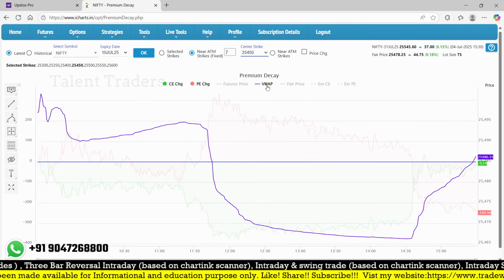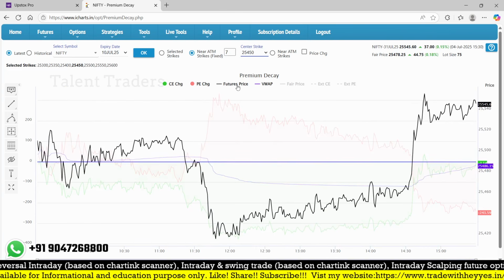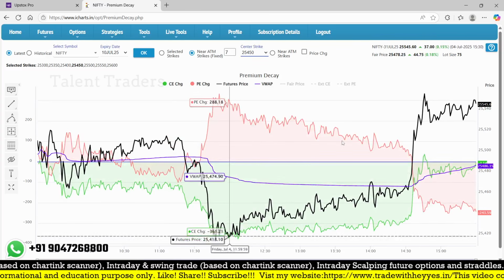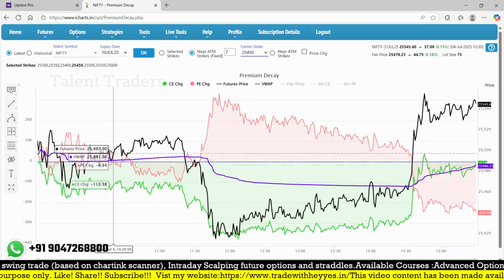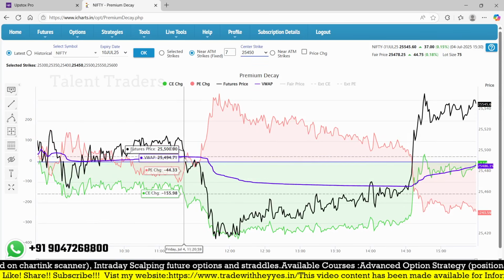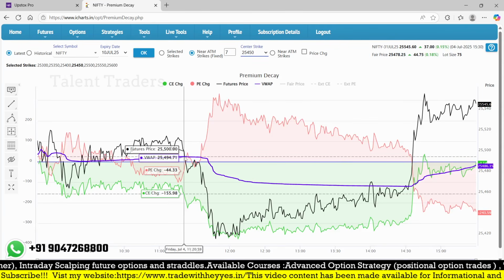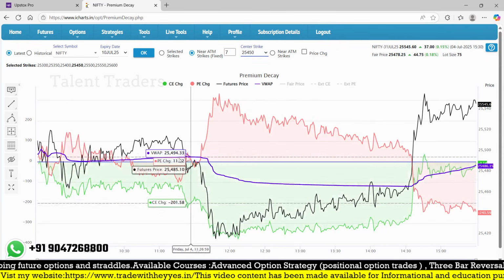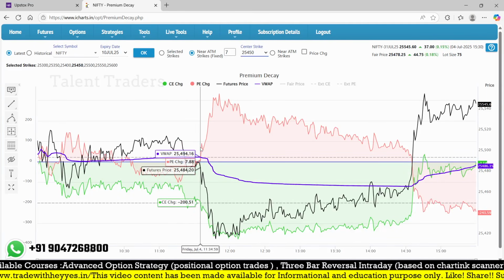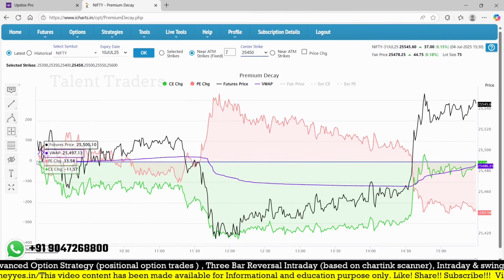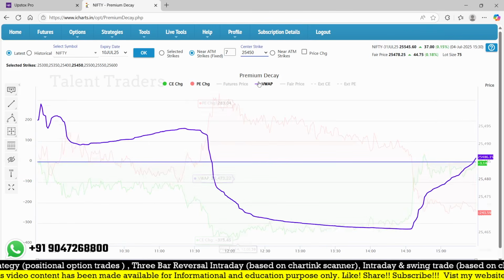If you want, you can add VWAP, and the future price, to see how the future price is moving. Looking at the market after open, there was a zigzag movement, but at this particular point the market moved lower, around 11:20. It is below the VWAP, and the put has increased from the zero line. When the day starts, it will start following that zero line.